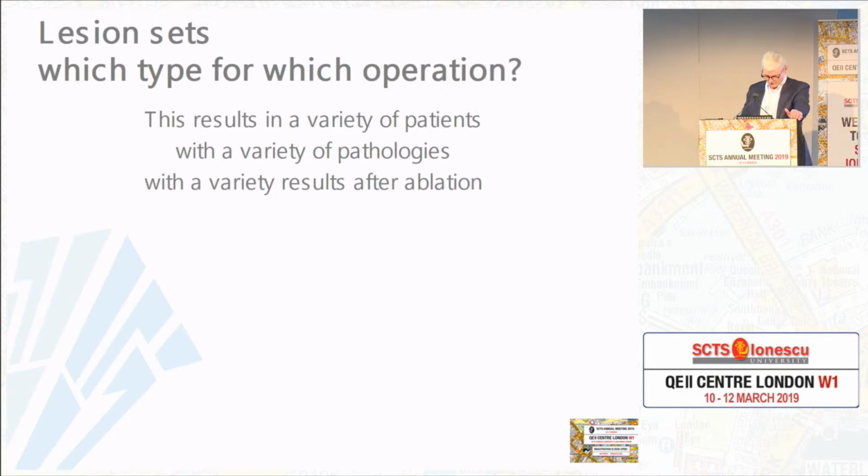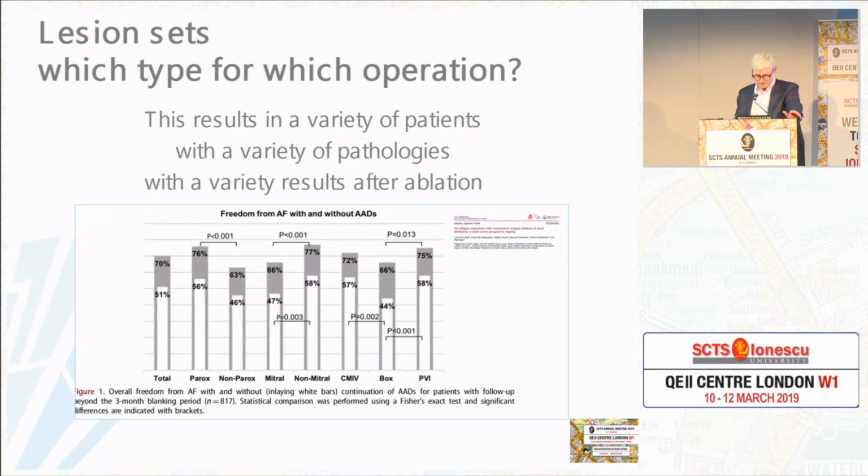All of these things result in a variety of patients with a variety of pathologies that need a variety of treatment possibilities. This is reflected by a slide I already showed at the lunch symposium. Here you see results of a Belgian registry. In order to get reimbursement from the government for the material we used during the ablation, we had to perform a prospective registry. You see the difference between paroxysmal and non-paroxysmal treated patients, mitral, non-mitral, and different lesion sets. And the results vary enormously.